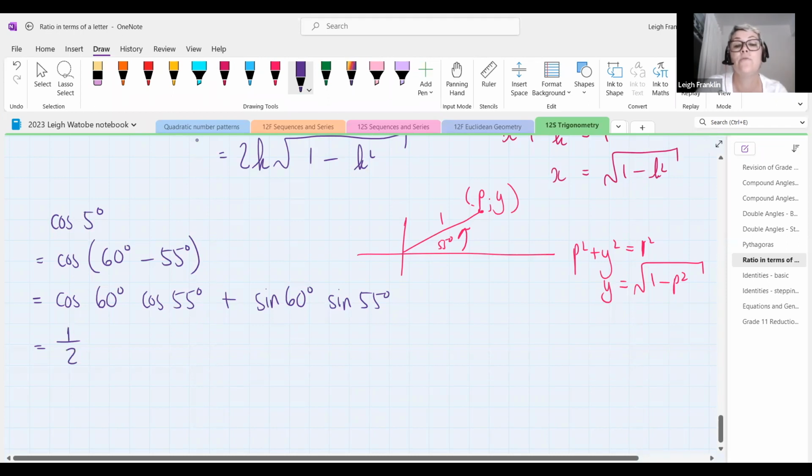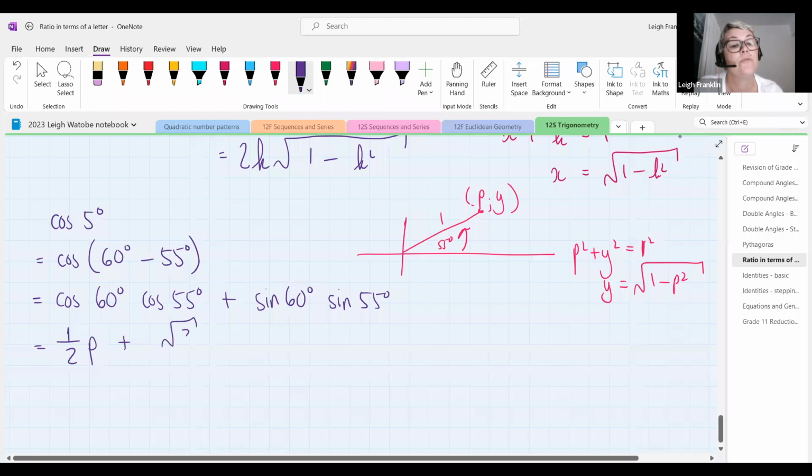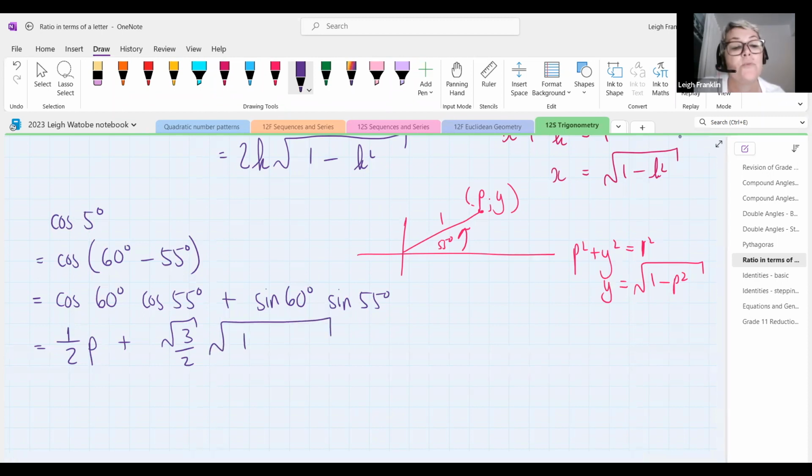The cos of 55 would be equal to P, plus the sine of 60, that would be root 3 over 2, and the sine of 55 would be what Katleho calculated for us, which would be root 1 minus P squared.